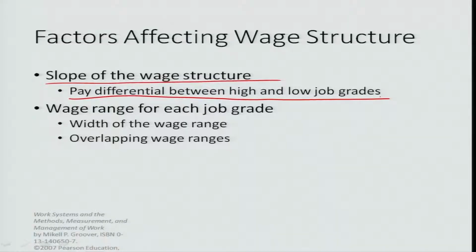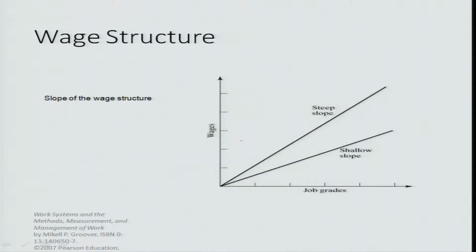So, the wage range for each job grade could have either a fixed width of the wage range, or an overlapping wage range structure, and this can be graphically illustrated here. For example, if I wanted to look at the slope of the wage structure, you can see jobs between different grades have a steeper slope if the highest available job has quite a bit of differential from the lowest one, and this gives us some kind of motivation to move upwards in the ladder faster.